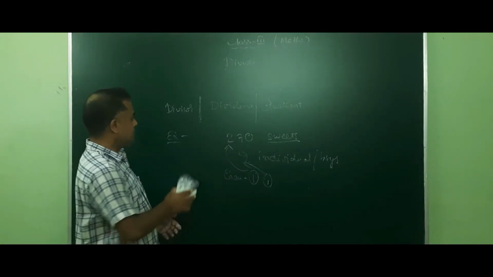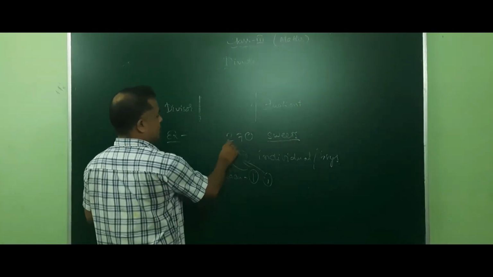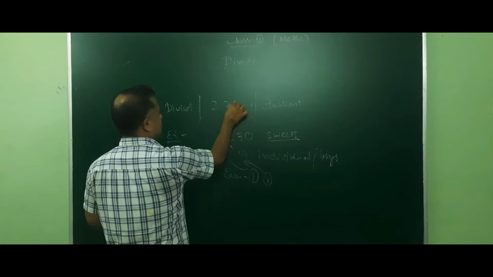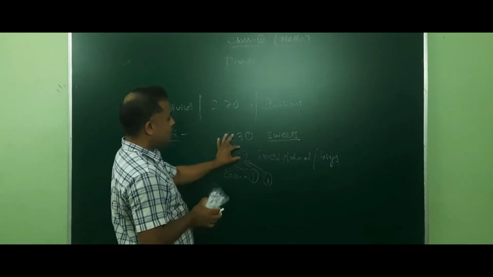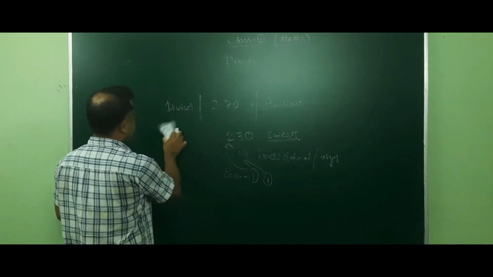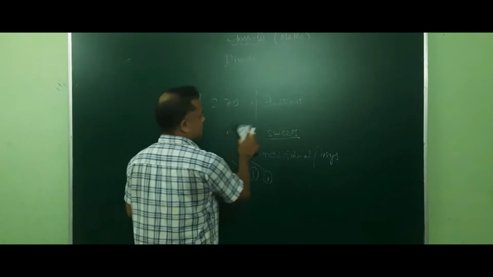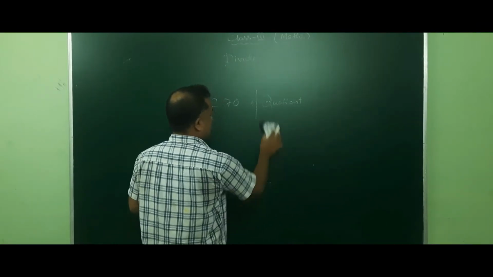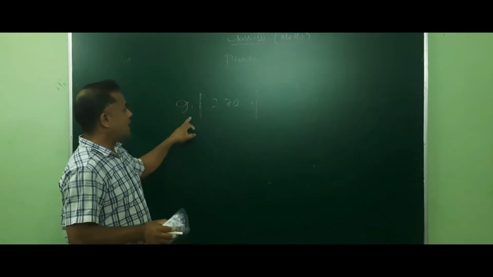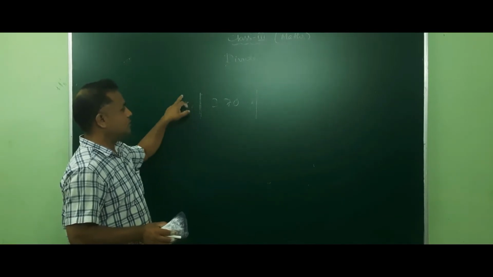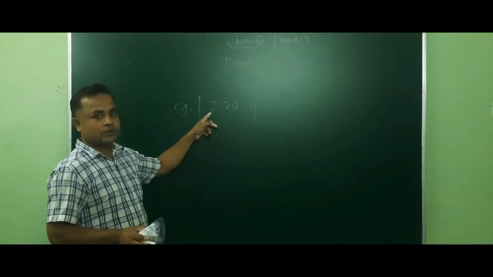So how we will do is that we write the total sweets and the number of students, that is 9 individuals or boys, how much they will get as a share from these total sweets.